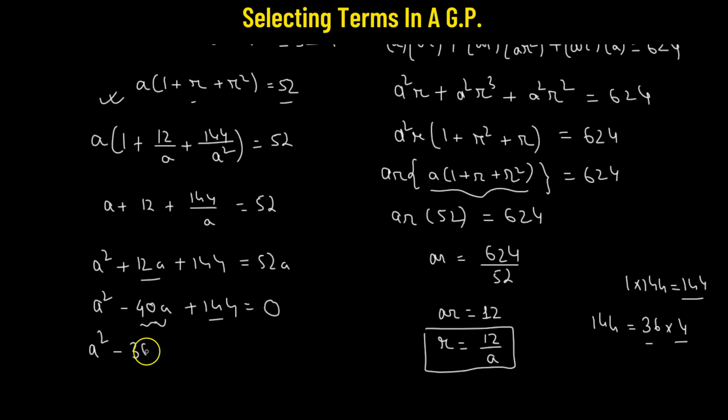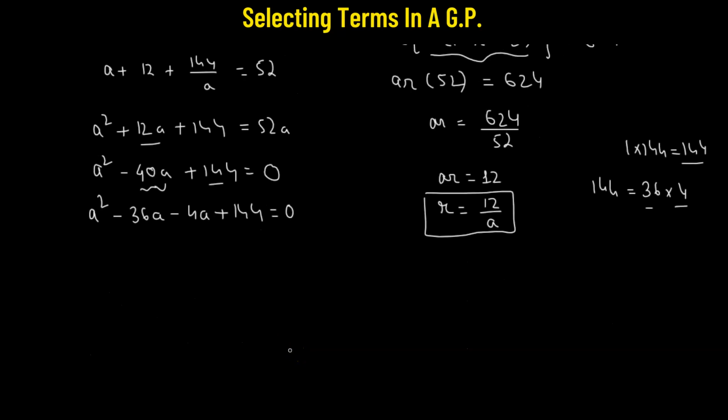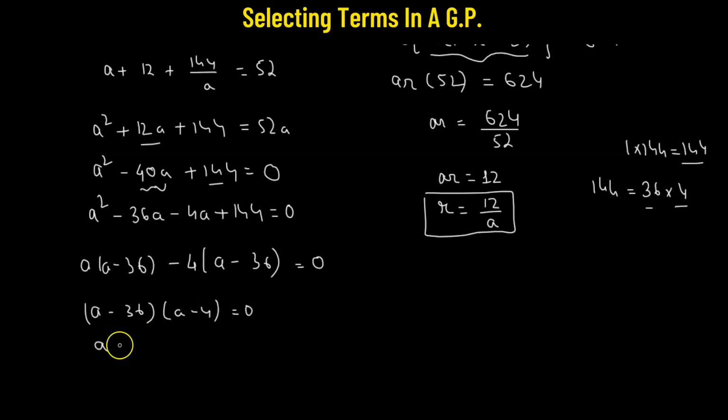So here we'll have a squared minus 36a minus 4a plus 144 equals 0. Which will give us a times a minus 36, minus 4 times a minus 36, equals 0. We're going to get a minus 36 times a minus 4 equals 0. So that means a could be either 4 or it could be 36.